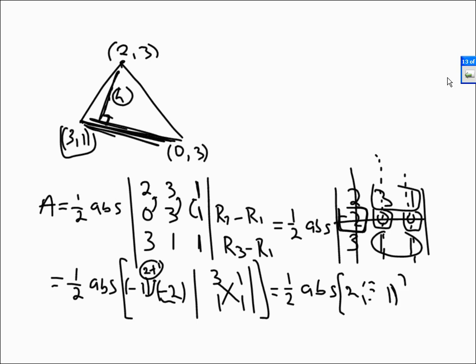So what's inside here is 4. 2 times 2. So you get half of the absolute value of 4. The absolute value of 4 is 4. Get half for 4, or 2. I found the area of that triangle without using a calculator. Just a simple 3 by 3 determinant.